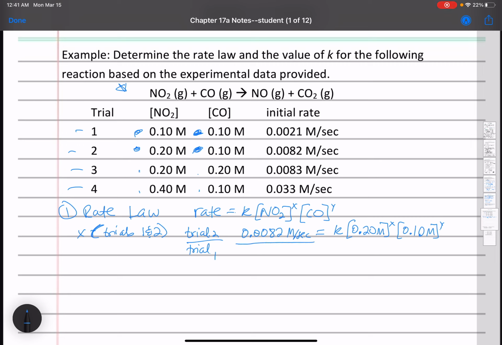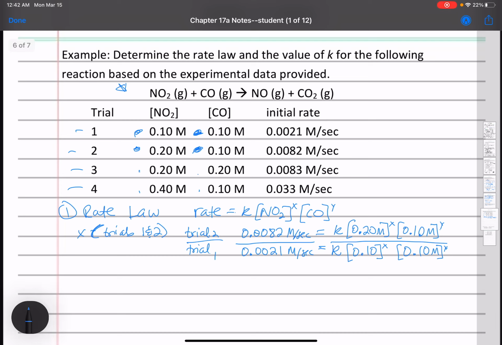Now we're going to divide this by the rate law for trial 1. So trial 1 has an initial rate of 0.0021 molarity per second equals K times the concentration of nitrogen dioxide, 0.10 molar, and of carbon monoxide also 0.10 molar to the y power.